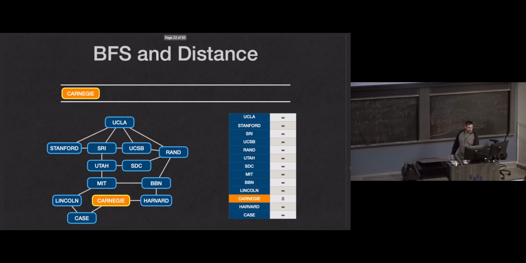What we're going to do, when we're ready to run this thing, is dequeue the first element of the queue. So we're going to dequeue Carnegie, get it out of the queue, and process this node.